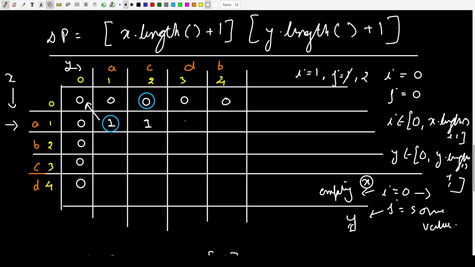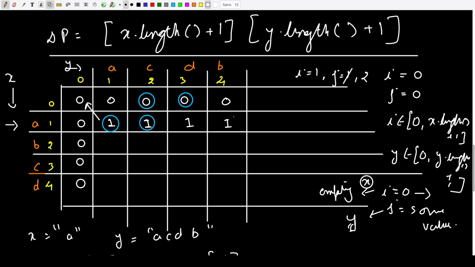Moving forward, a and d are not equal, so we know the drill. We compare these two values, and whichever is maximum, that value will come over here, which is 1. Similarly a and b are not equal, so the maximum between these two is 1. Intuitively, if we want to understand the LCS between string x, which is a, and y, which is acdb, the longest common subsequence is a.